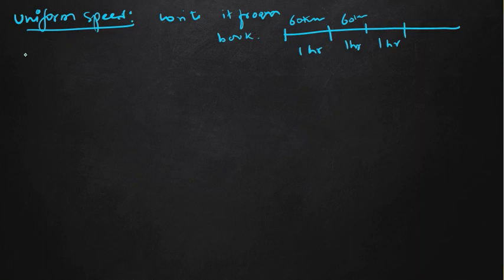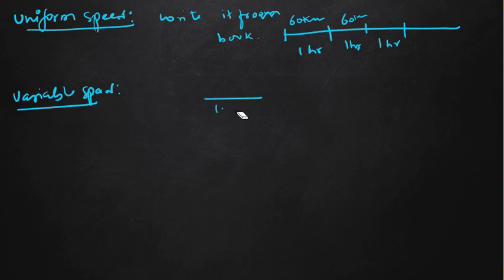Next we have variable speed. Variable speed means a body covers unequal distance in equal intervals of time. Suppose in 1 hour it travels 30 km, in the next hour it travels 35 km, and again in the next hour it travels 20 km. You can see the interval of time is the same, but the distance covered is not the same.